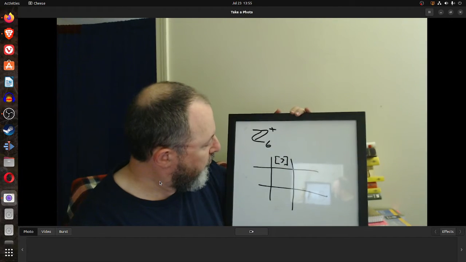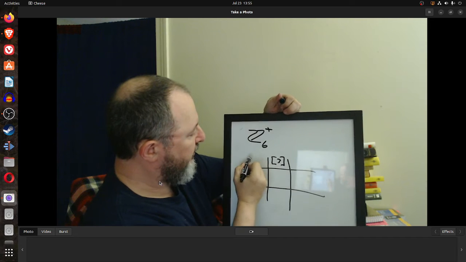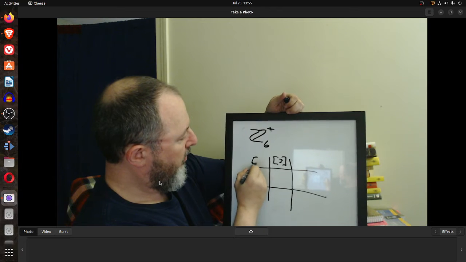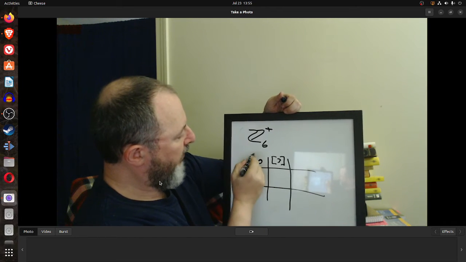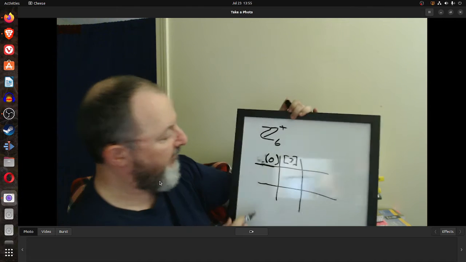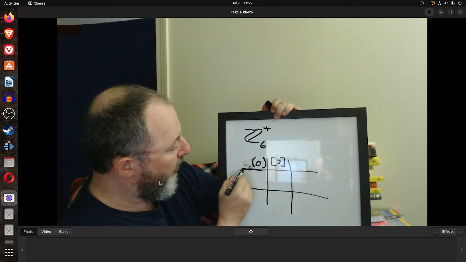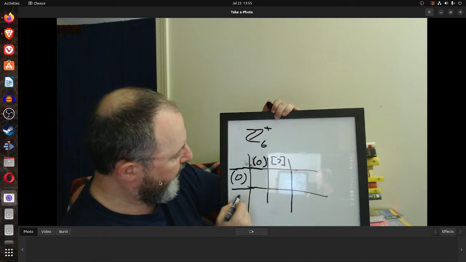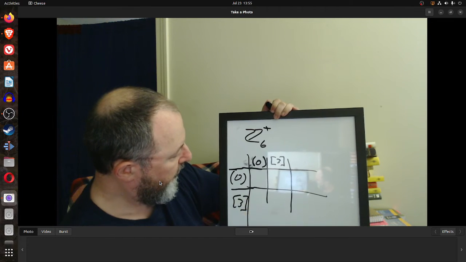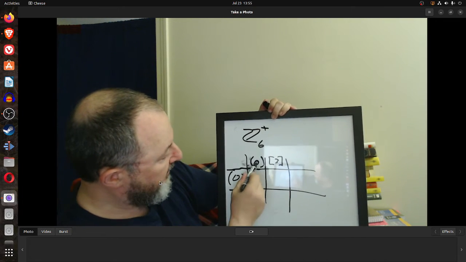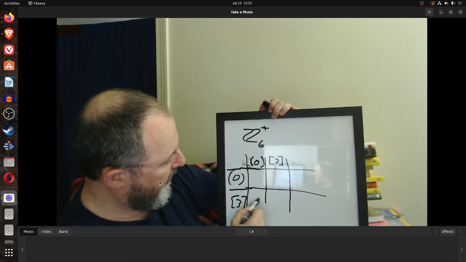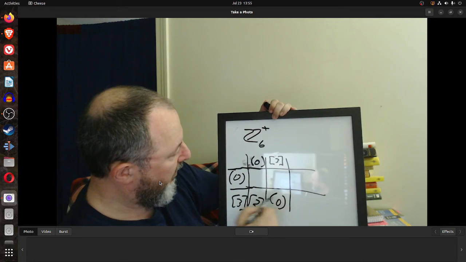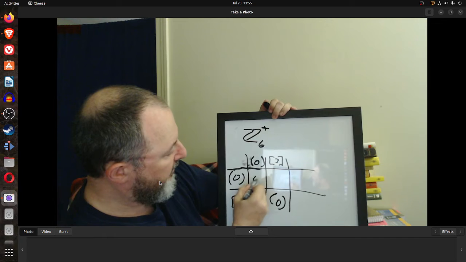Now, 3 plus 3 is 0. We'll use parentheses around 0 for the additive identity and parentheses around 1 for the multiplicative identity. So we know that 0, the identity, is in the group. 3 plus 0 is 3. 3 plus 3 is 6, which is congruent to 0. 0 plus 0 is 0.